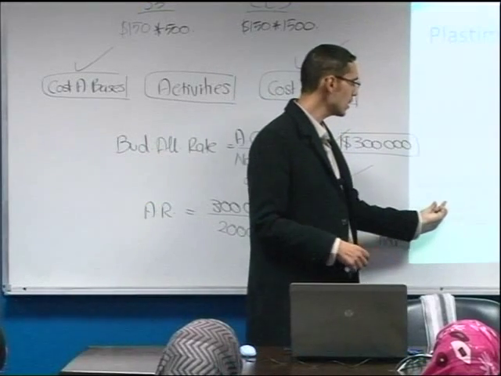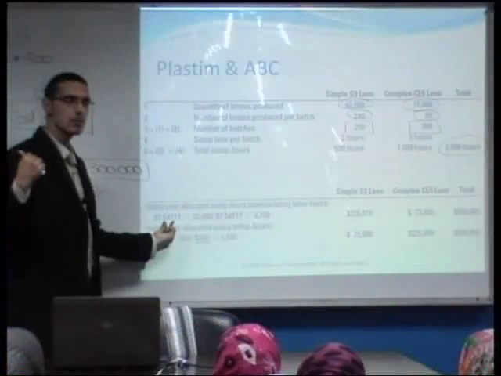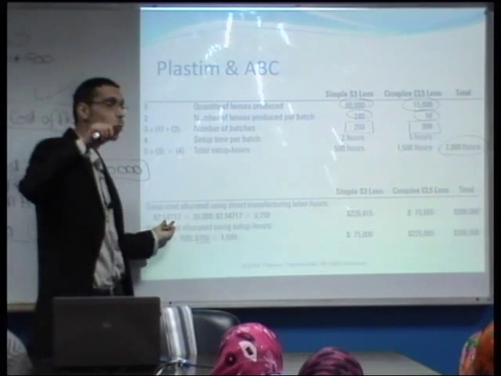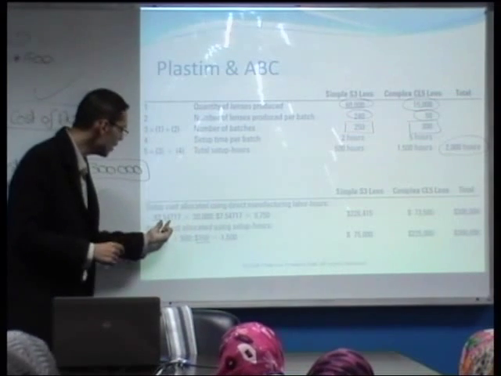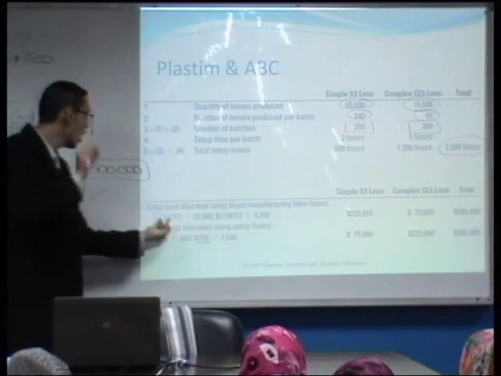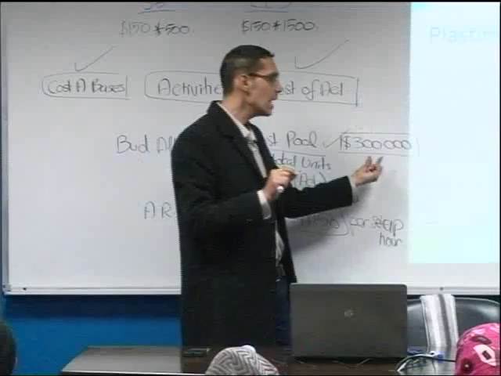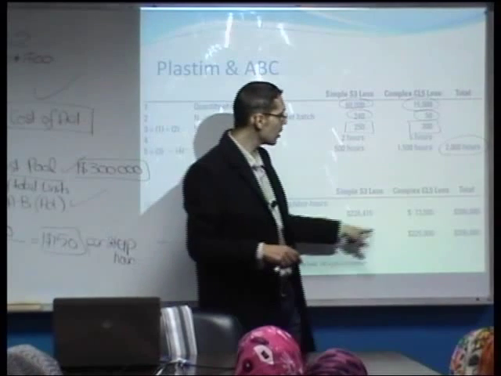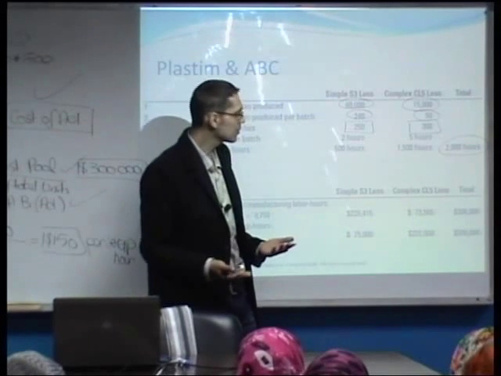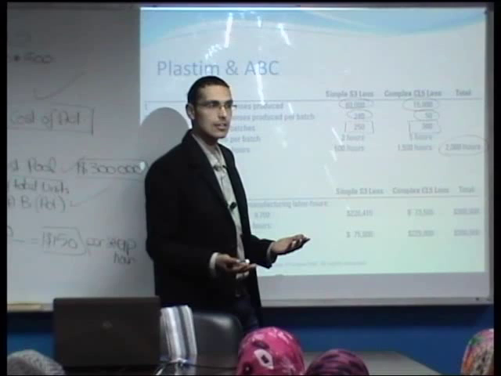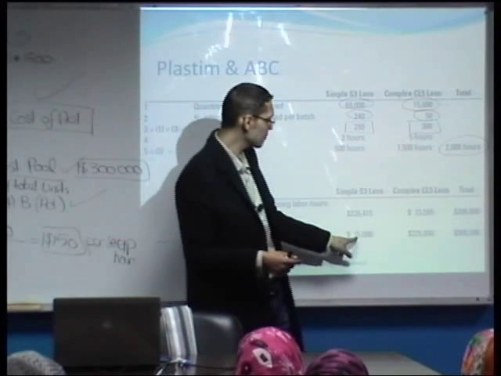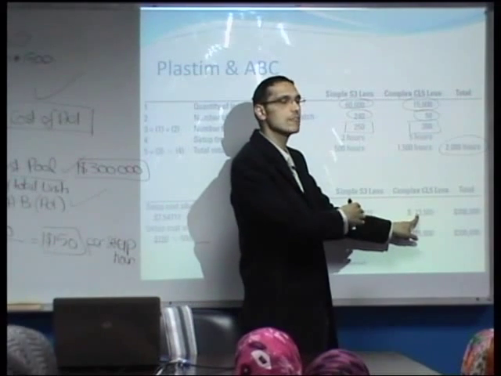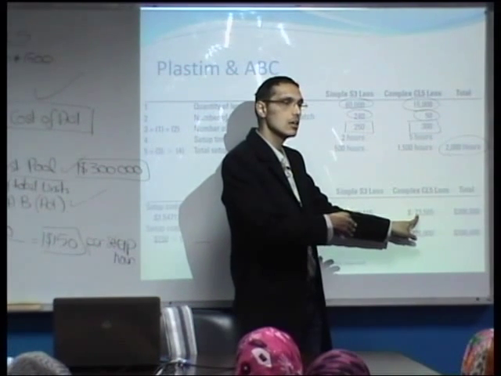Of course, we said in the simple costing system that $60 is the allocation rate of all indirect costs. But here they only took the part of the $300,000. Therefore, according to the simple costing, the amounts are quite the opposite. It is really quite the opposite. Here we have 75,000 for the simple lens, and here we have almost 75,000 for the complex lens.